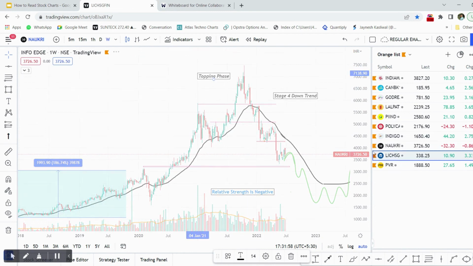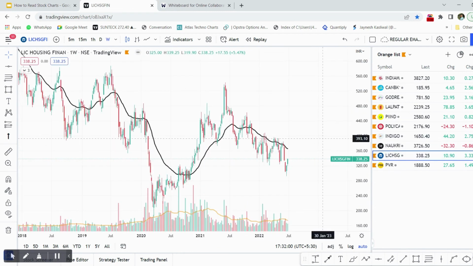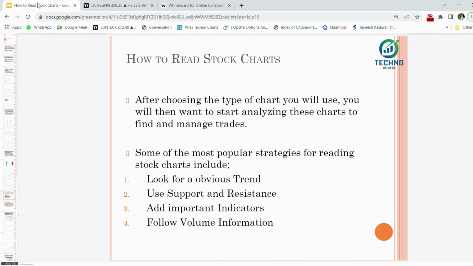Similar things happened with LIC Housing Finance, IRCTC, and different other stocks that have fallen drastically. So volume can help us to identify the areas of reversal, and we will look into each of the four methods in a deeper manner in the coming videos, right?